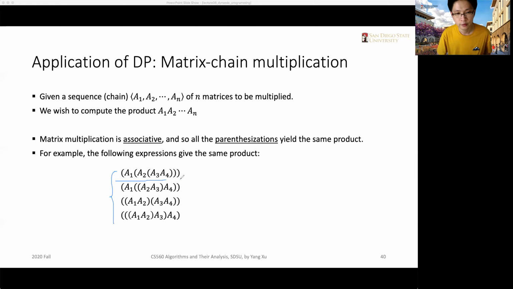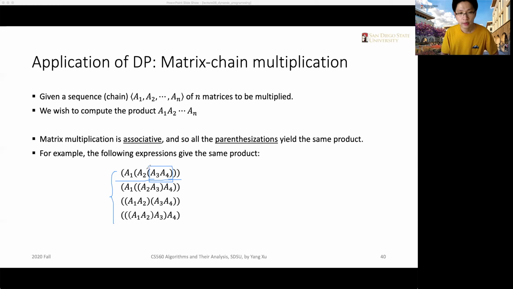If we look at the first row, the parentheses define the order of computation, right? In the first row, the innermost parenthesis is around A3 and A4. That is the first layer. This way of parenthesization means that we will compute the product of A3 times A4 first, because the result of multiplying 2 matrices together is also a matrix.